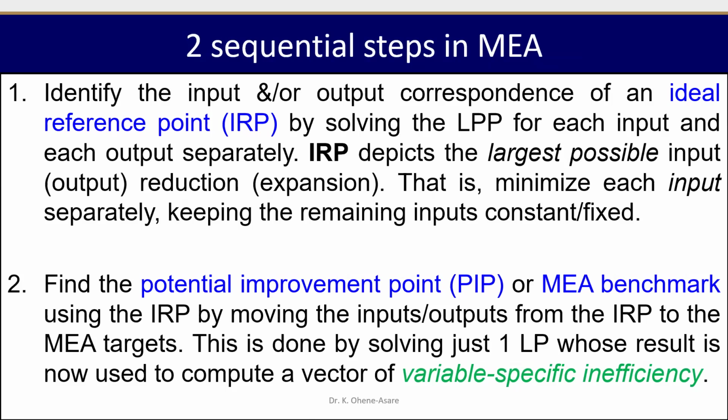So for inputs, that's the minimum input that you can use for the firm, which is usually not realistic. That's why we have the second step to make it realistic. So for the first step, you are reducing the input; if it's output, you are maximizing the output to an ideal point that you would have wanted, the best possible point that you can get.